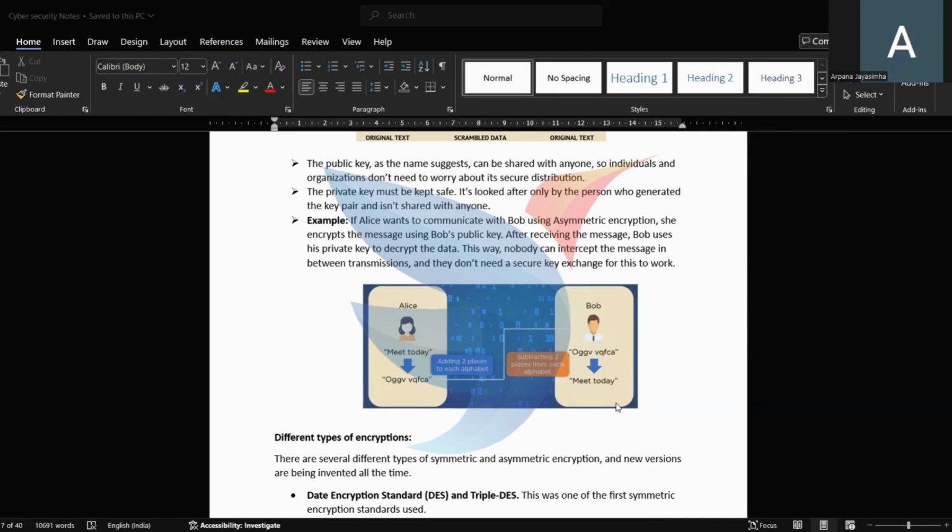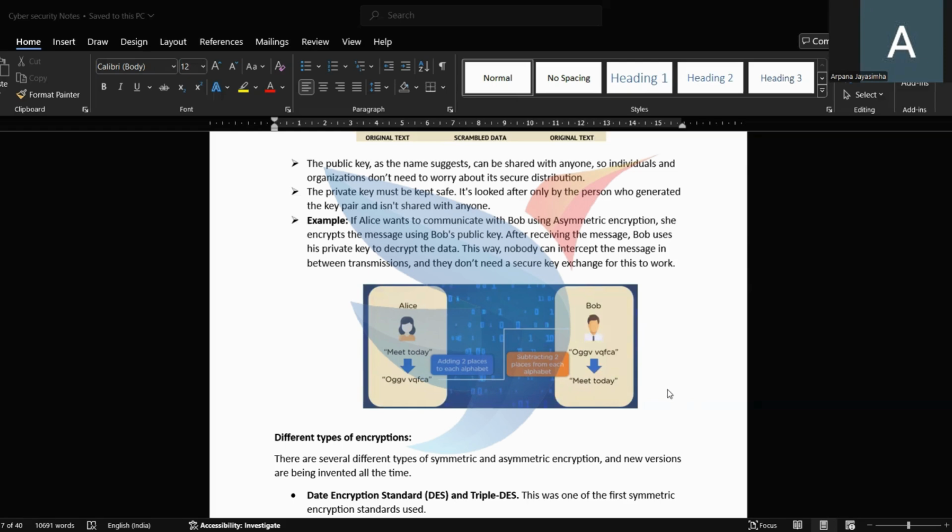This way, nobody can intercept the message in between the transmission, and they do not need a secure key exchange for this type of work. So these are the differences between the symmetric and asymmetric key.